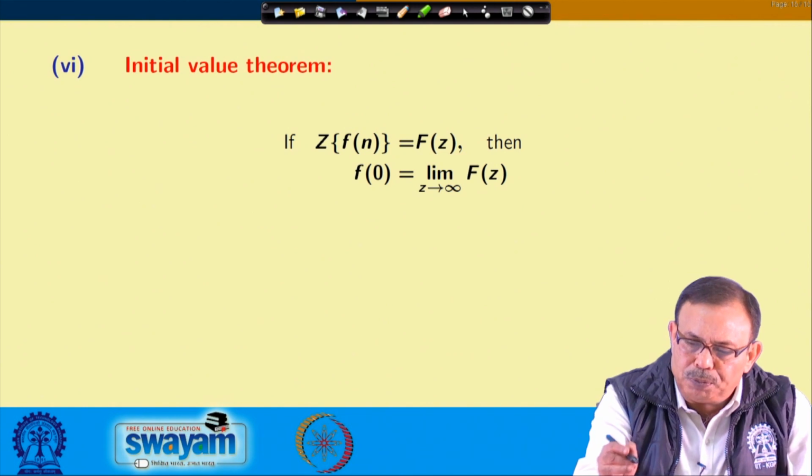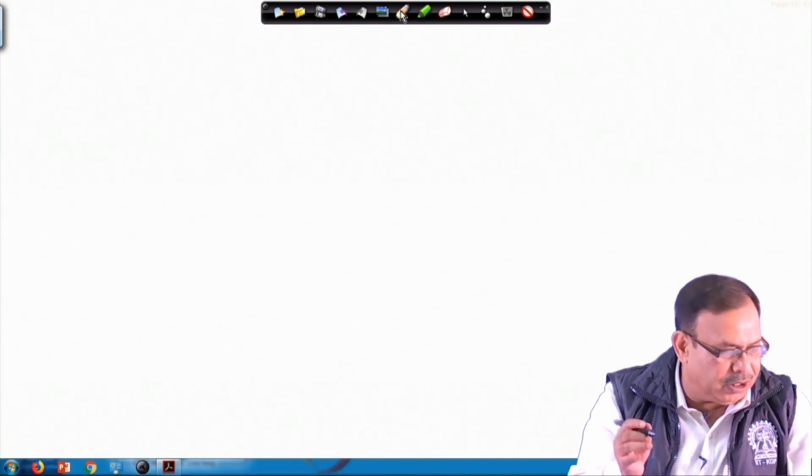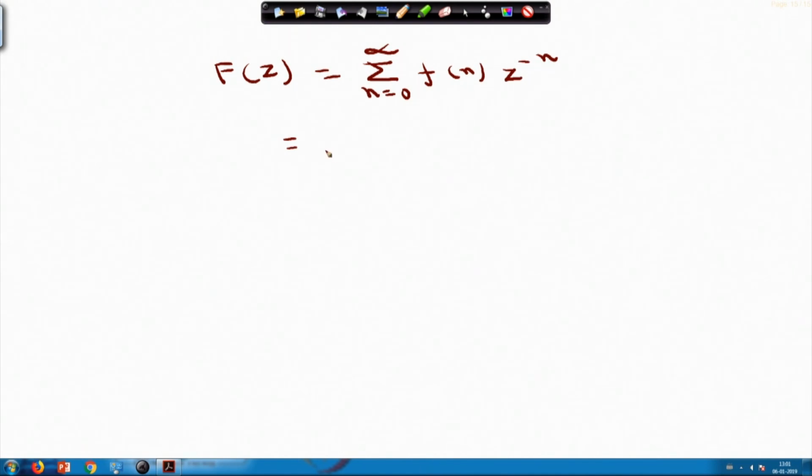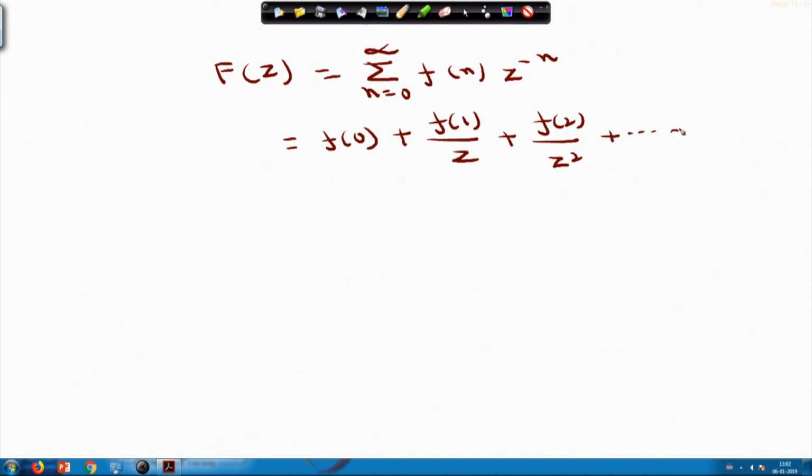To prove this one, we will do it a little quickly. F z equals the summation n equals 0 to infinity f n into z to the power minus n. If I simply expand the series, I can write f 0 plus f 1 by z plus f 2 by z square, and so on.